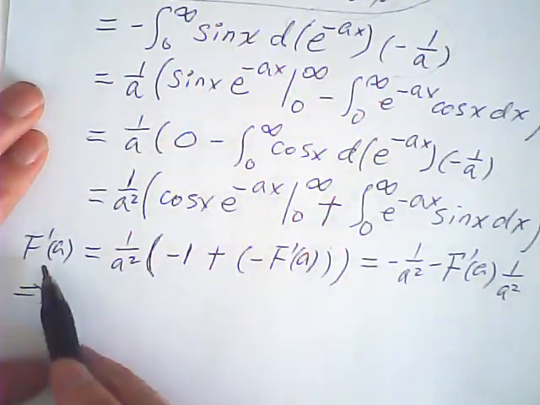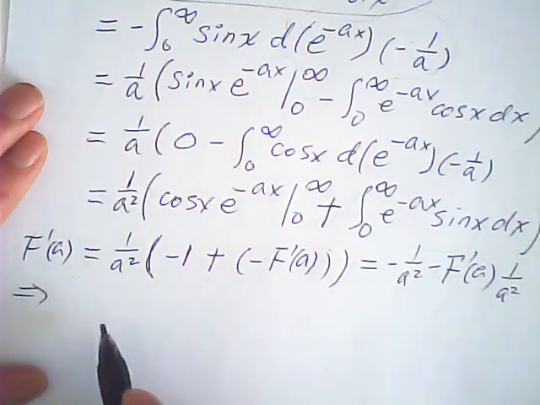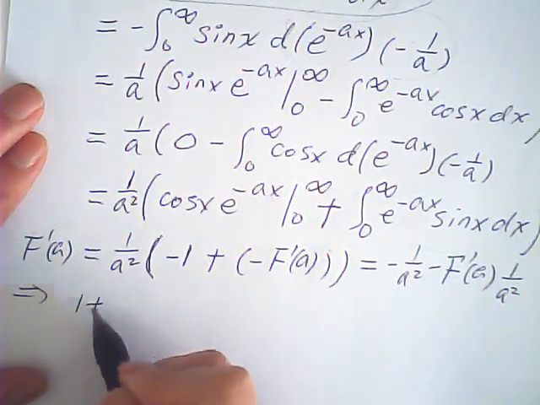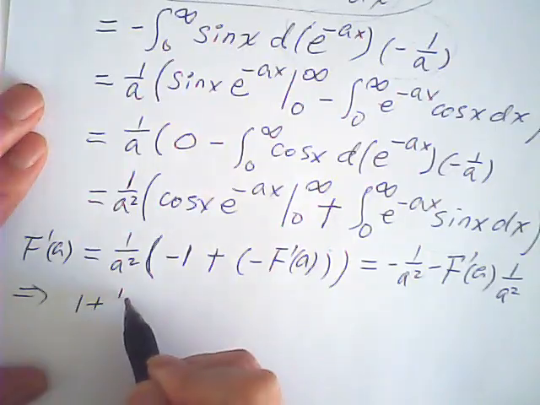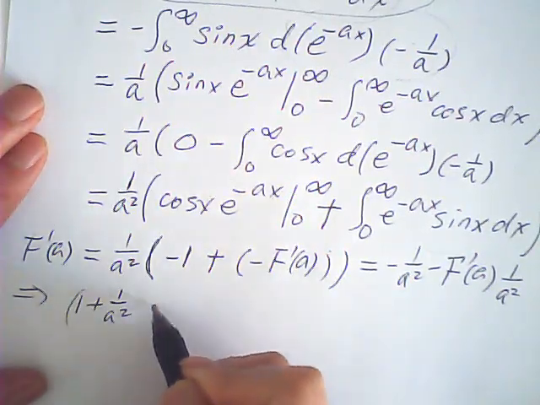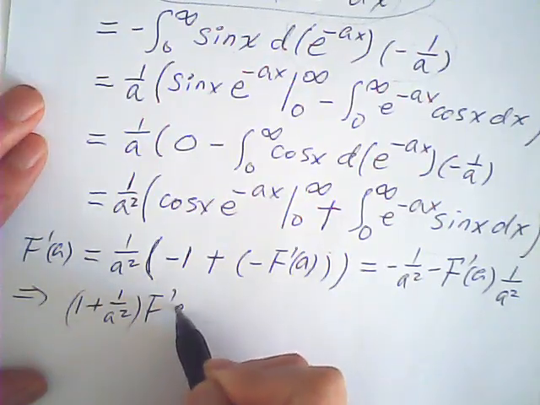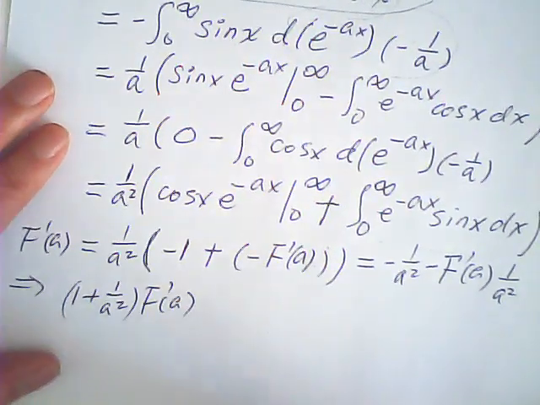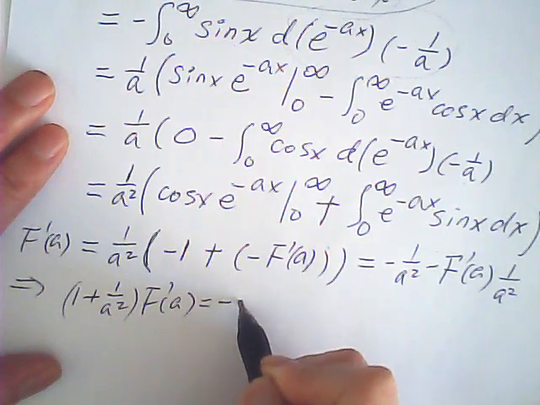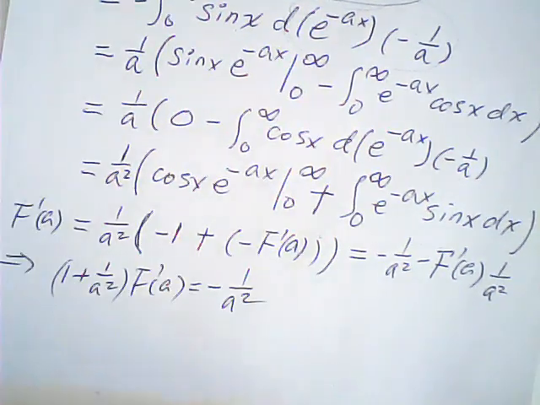Then I move over there, I get 1 plus 1 over a squared times f prime of a is equal to negative 1 over a squared.